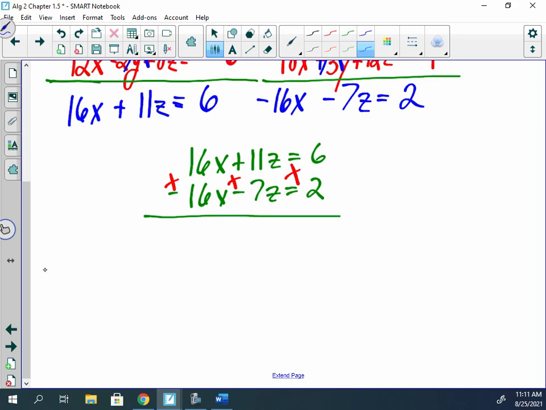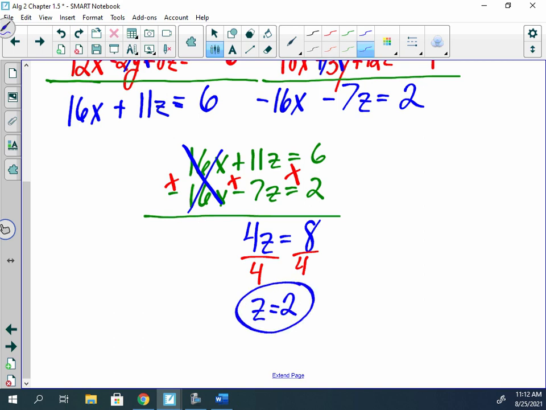And it is indeed true that 16 minus 16 will cancel out and give us 0. 11 plus negative 7, or 11 minus 7 is 4z is equal to 8. Since I only have one variable, let's divide both sides by 4 and solve. So z is equal to 2.